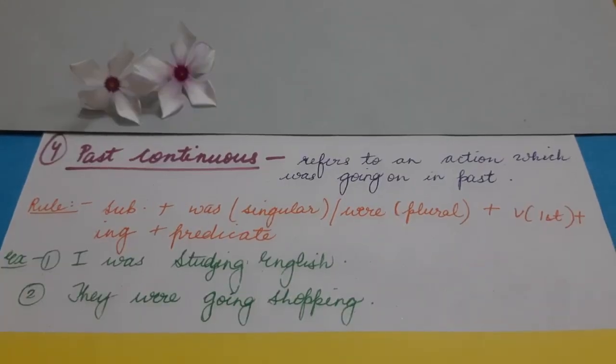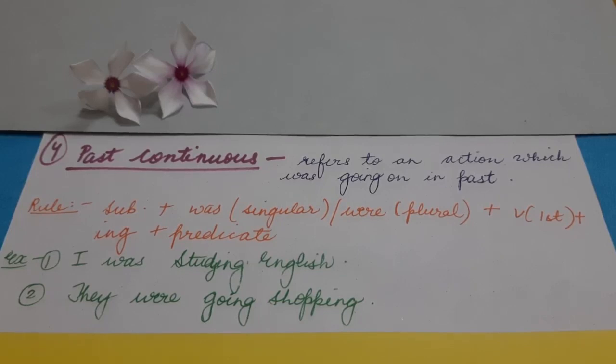Next, past continuous. Past continuous is used to refer to an action which was going on in the past. Something that was continuing in the past. Its rule: subject plus was for singular and were for plural, plus verb first form plus ing plus predicate.